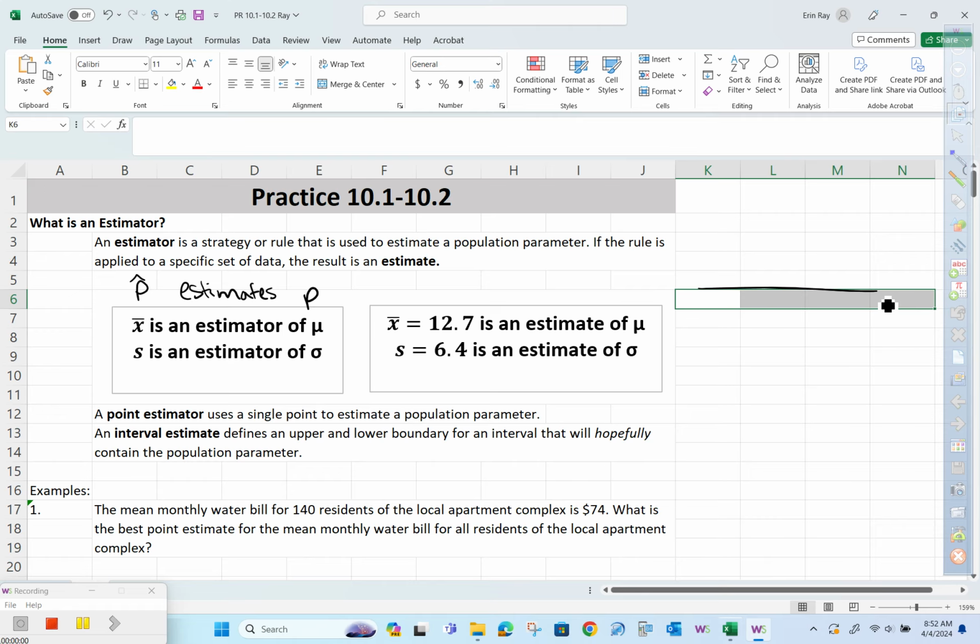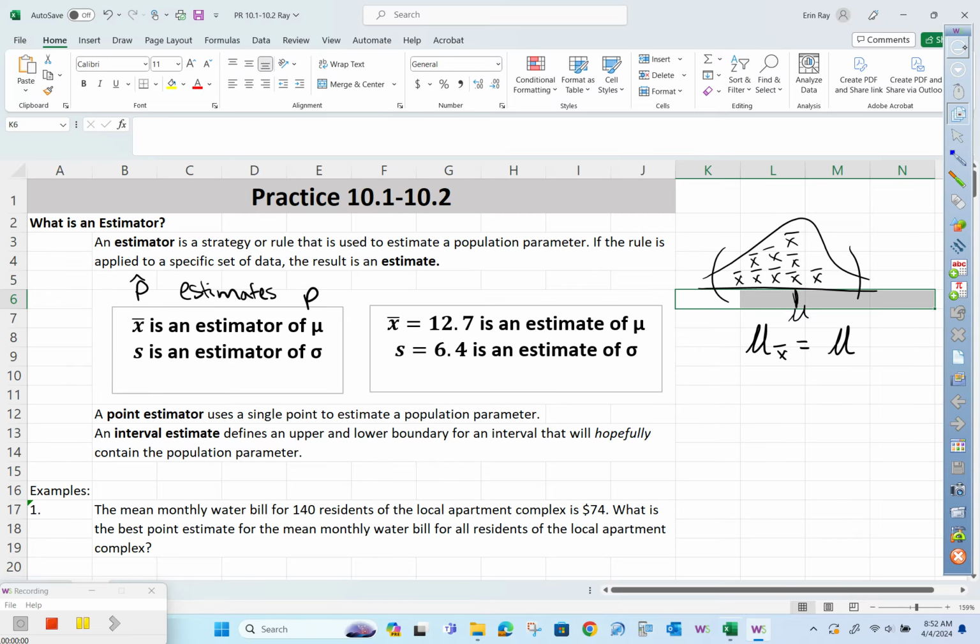So because of symmetry, and because of our Excel formulas and the empirical rule, we can be pretty sure that a certain percentage of these intervals that we're constructing will actually have that population mean in it. The idea of this being a confidence interval. Okay, so we'll get into that in more detail after we make sure we understand some symbols and notations as far as it goes with these estimators.